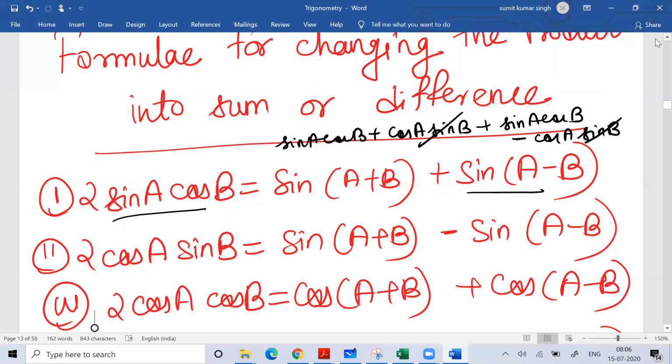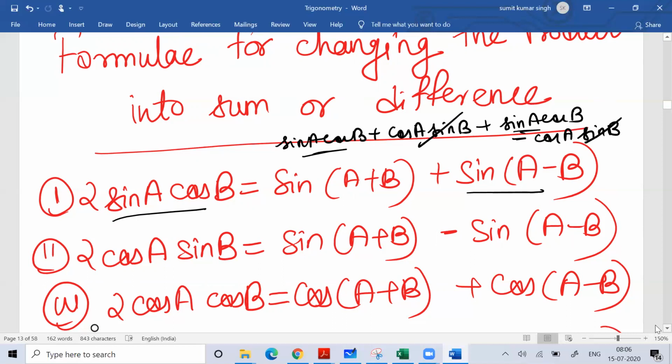So 2 sine A cos B is sine (A plus B) plus sine (A minus B). Then sine (A plus B) minus sine (A minus B) would be 2 cos A sine B. Remember this. If you do sine (A plus B) minus sine (A minus B), then these get cancelled, and ultimately you are left with 2 cos A sin B.